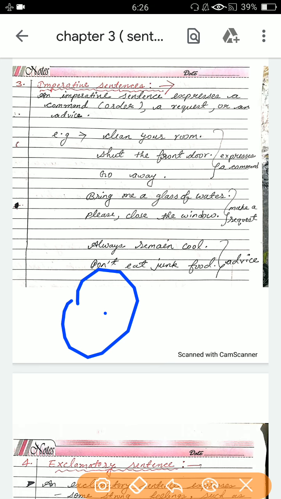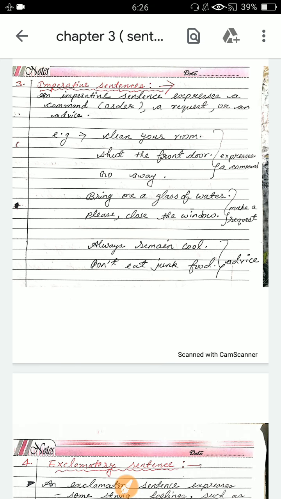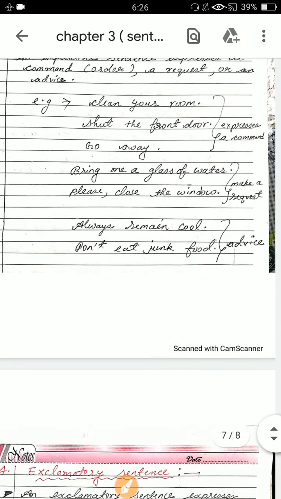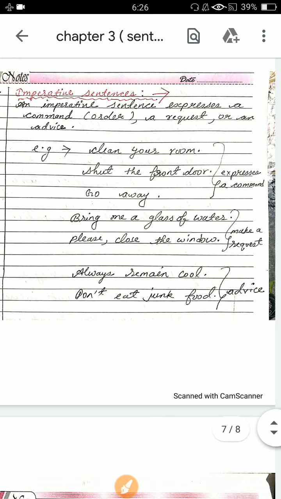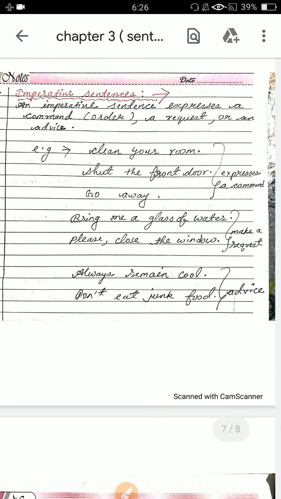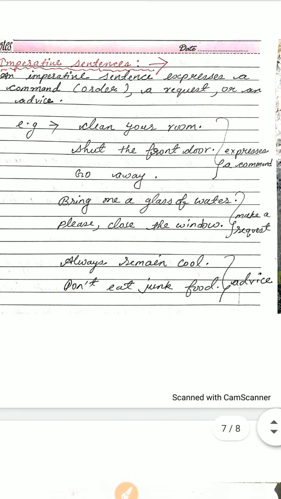You can see in the examples that in imperative sentences the expressions are of different types, like command, request, and advice. The first expression is a command. The examples here are: clean your room, shut the front door, go away.